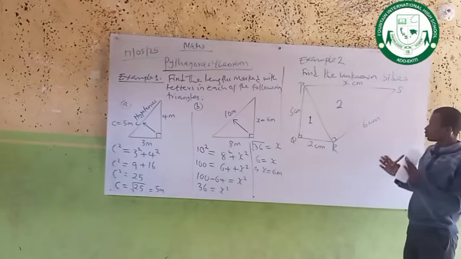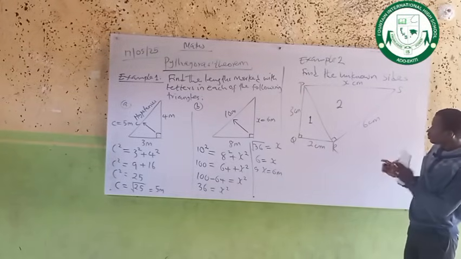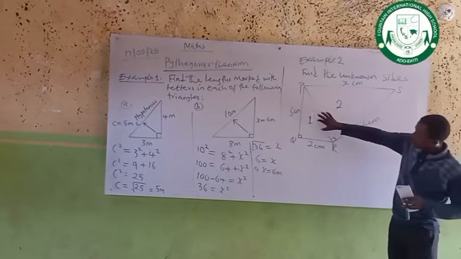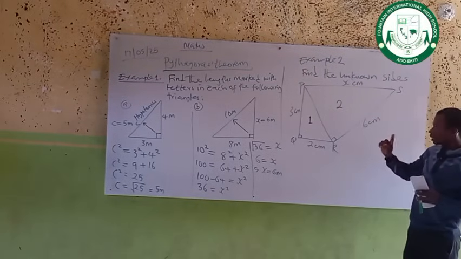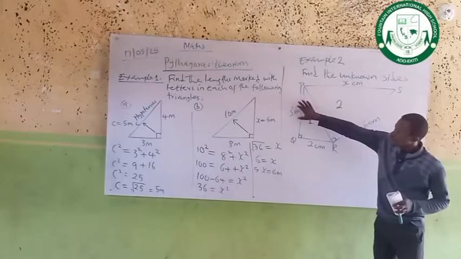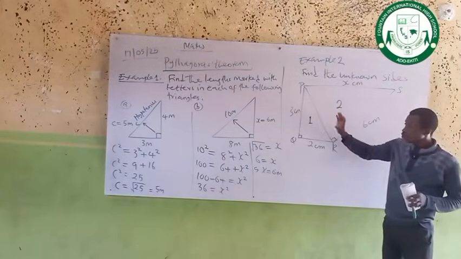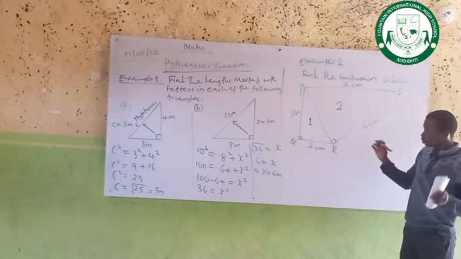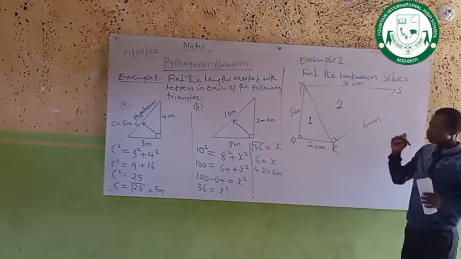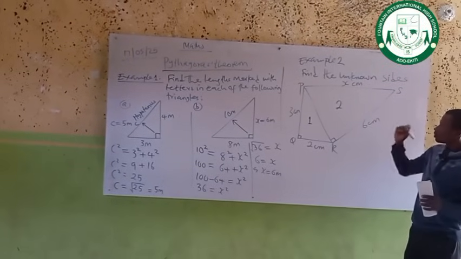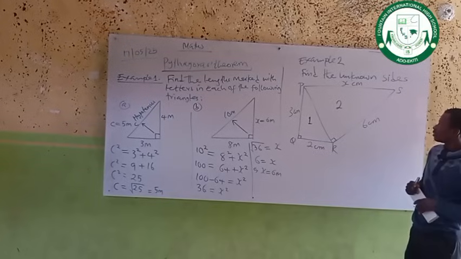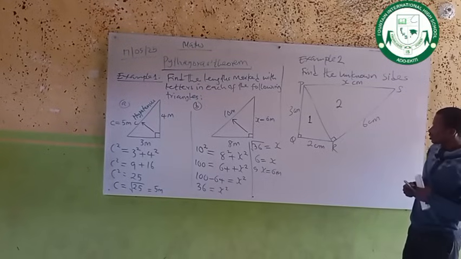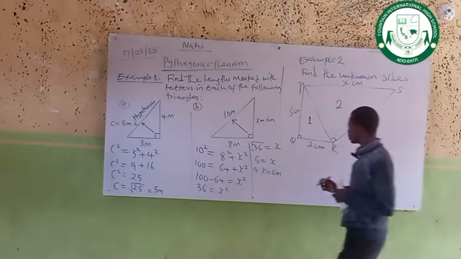So to solve this problem, you will have to solve triangle 1 first. Why? Because you know two sides of triangle 1. For Pythagoras theorem to be applicable, the triangle must have at least two of the sides. So let's pick out the first triangle.